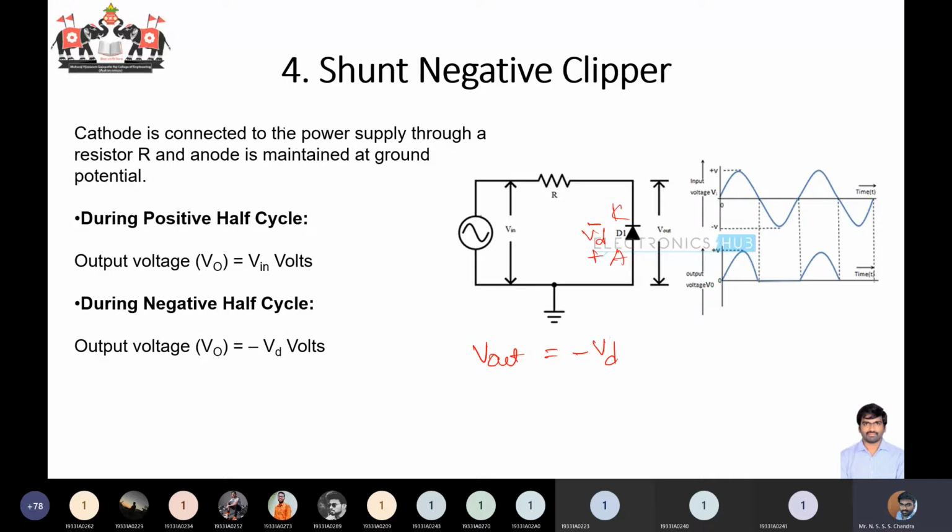If the diode is not conducting, then V naught or Vout equals Vin. That's how you're getting these two equations.